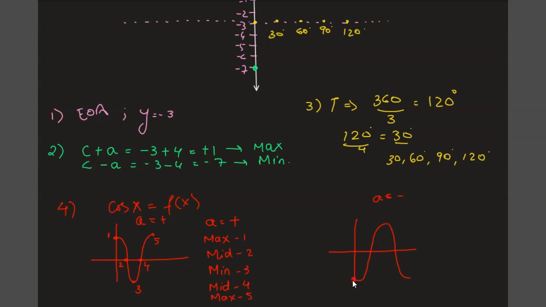The first point is the min point, the second point is the midpoint, the third point is the max point, the fourth is mid again, and the fifth is the min point.